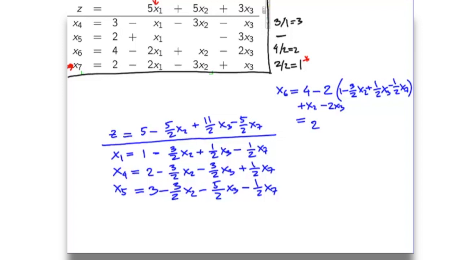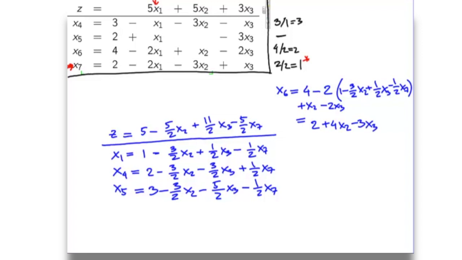Then the coefficient for x2 would be minus 2 times minus 3/2 is 3 from here and 1 from here. 4 x2. Then the coefficient for x3 is minus 1 here and minus 2 here, so minus 3x3.